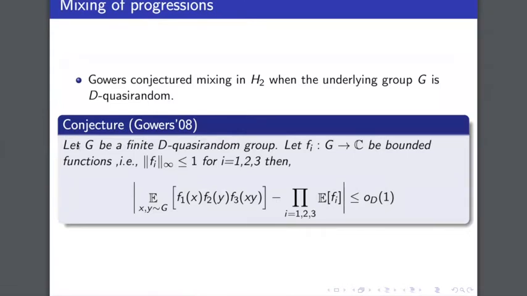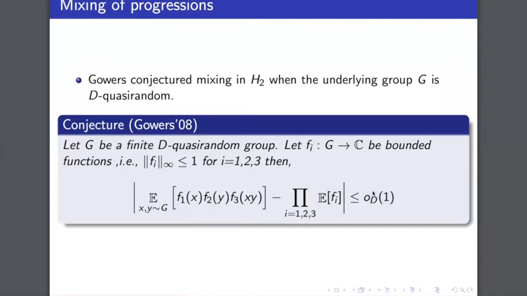So here is the conjecture by Gowers. Let G be a finite d-quasi-random group, and again we pick functions which are bounded. Then we compare these two terms. The absolute value of this difference is bounded by some little-o of one term.